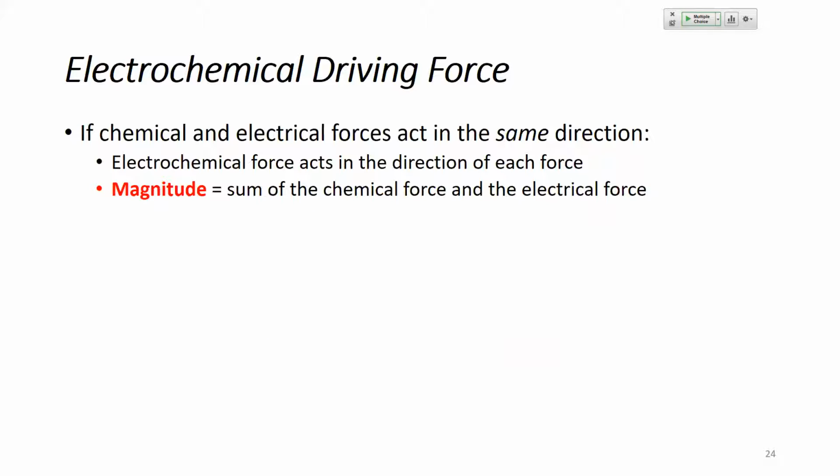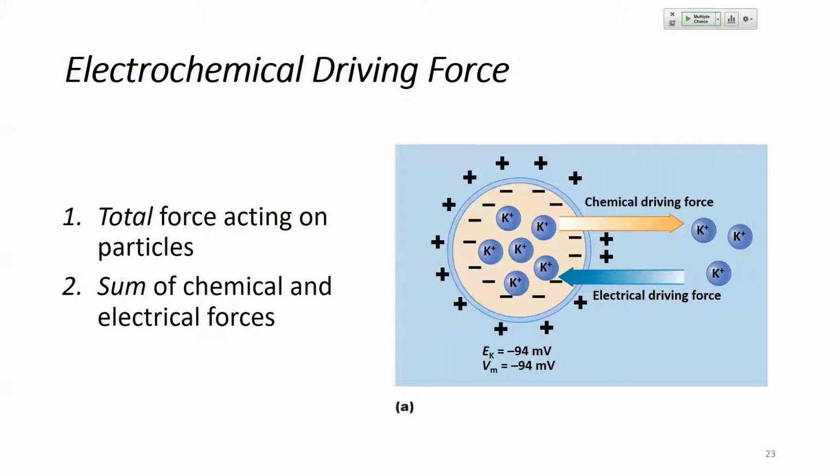Now, let's go back a slide, and let's talk about this scenario here. So in this scenario, we have a cell, and the membrane potential here is negative 94 millivolts, which simply means that there's an excess of anions inside this cell.